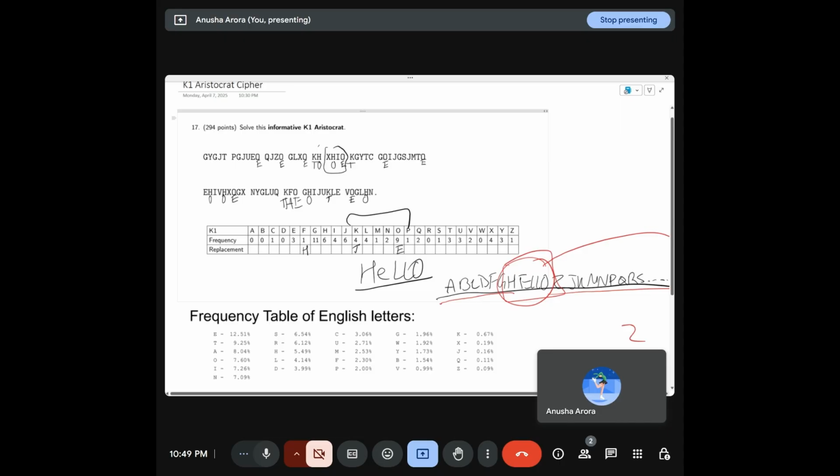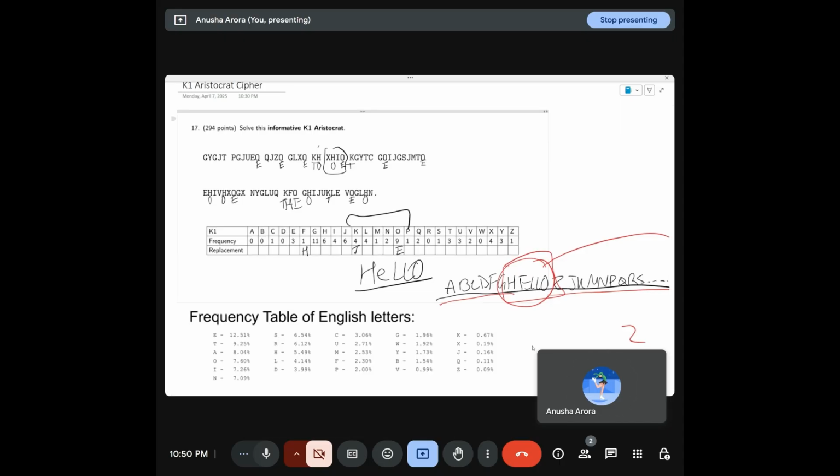If we look at the next one, we have this word over here. So Q's we have 2 of. Z's, we only have 1 Z. And J's, we have a lot of.